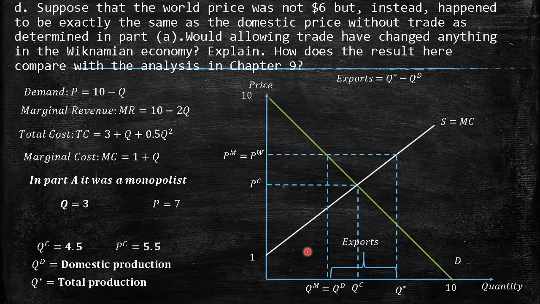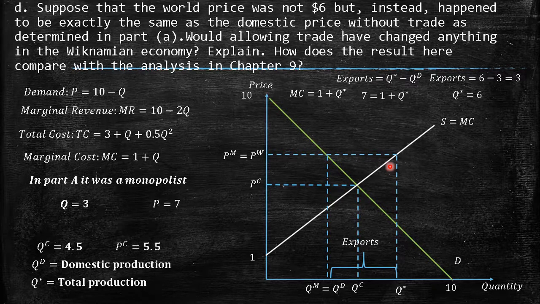In order to measure them, it should be the total production minus the consumption inside the country. Then we have the marginal cost, which should be 7, and this 7 is equal to 1 plus 6. So the total quantity produced should be 6. But at this price, remember that they only consume 3 inside the country.